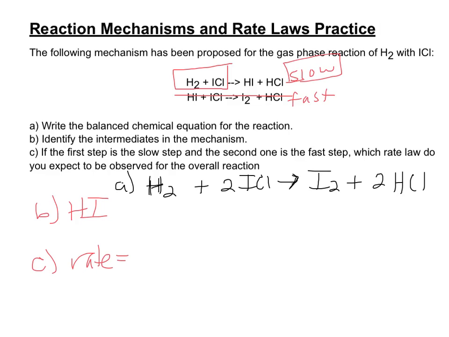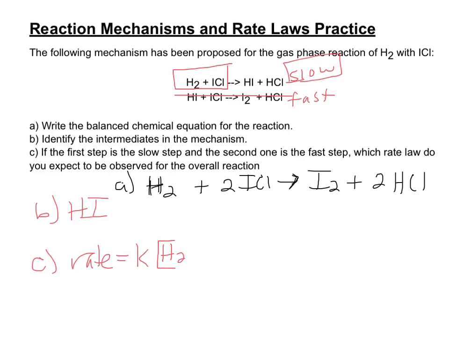So my rate is going to be equal to some constant k, and since I have H2 plus ICl, that is a bimolecular combination here. So I have H2 and ICl, those two molecules, bimolecular. So my molecularity is of the second order, bimolecular.